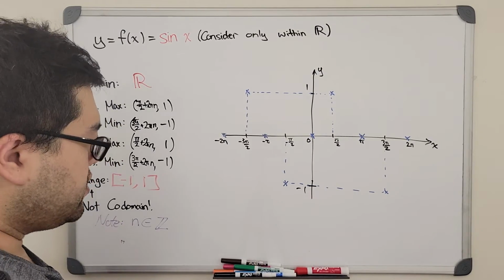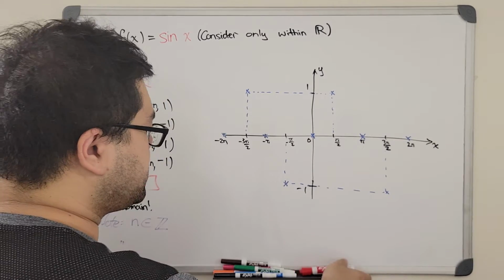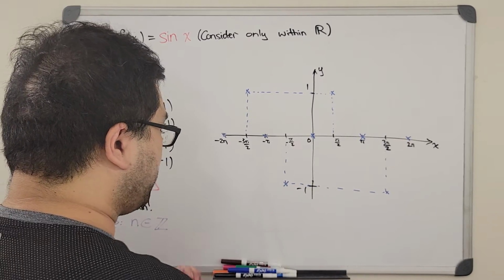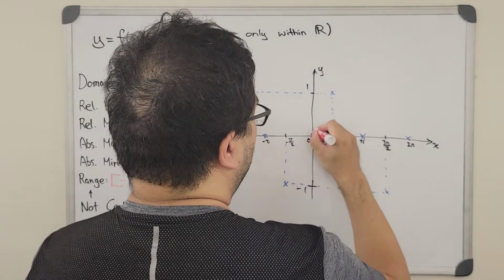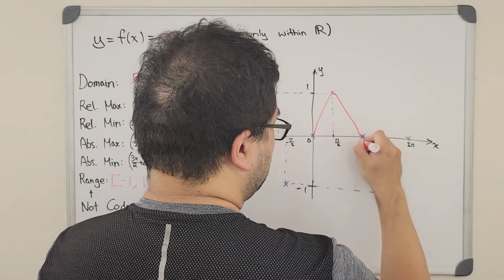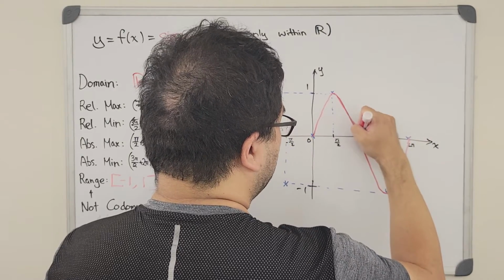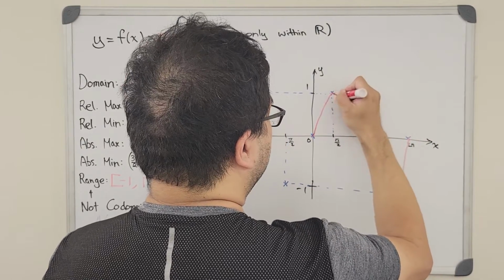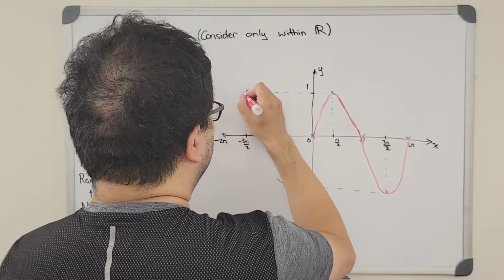Good. So we just now need to connect the points to give us the graph of the function. How does that look like? Well, it looks like this. Remember, it's periodic and it should actually turn better here, as well as here and here.